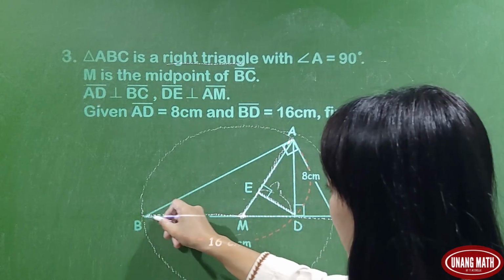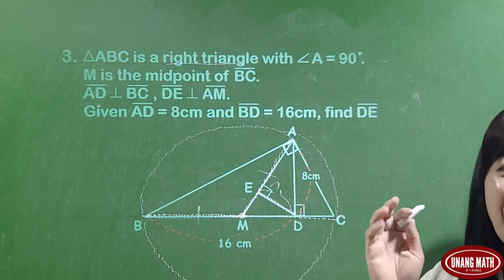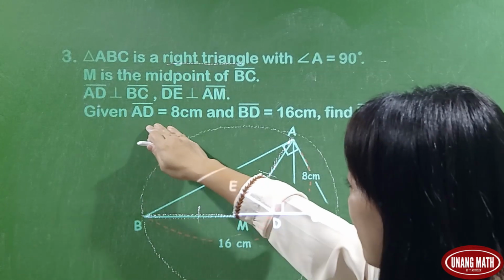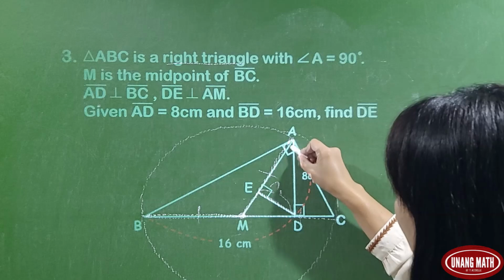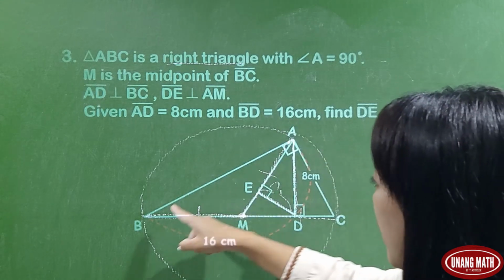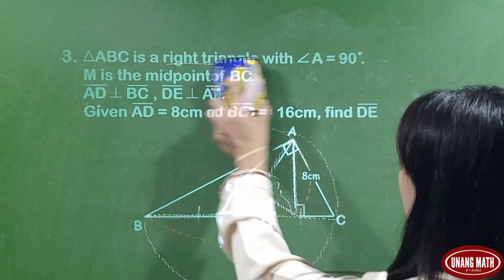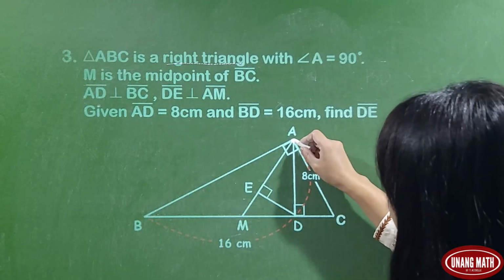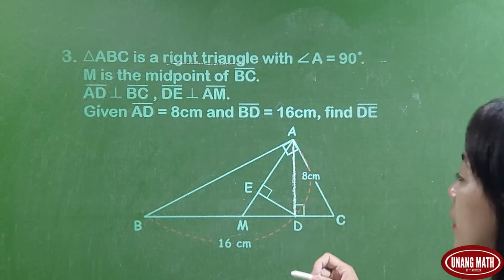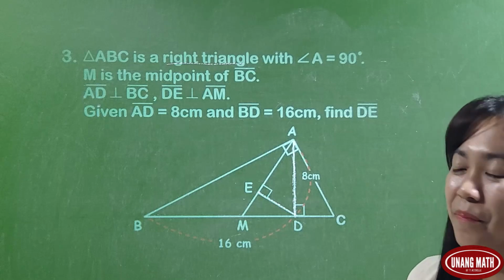So it means they are equal in measure, or in length. We are given that segment AD is 8 centimeters, and B to D is 16 centimeters. So A to D is 8, B to D is 16 centimeters. We will look for the length of segment DE.